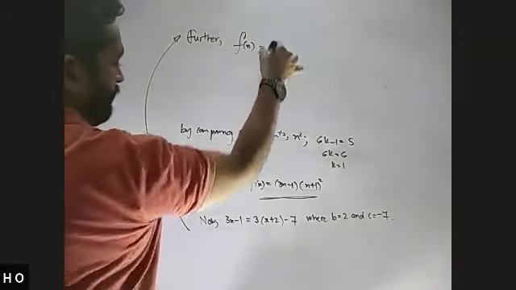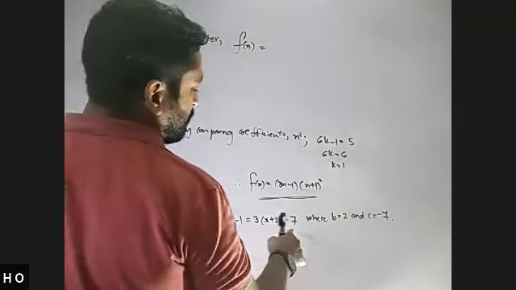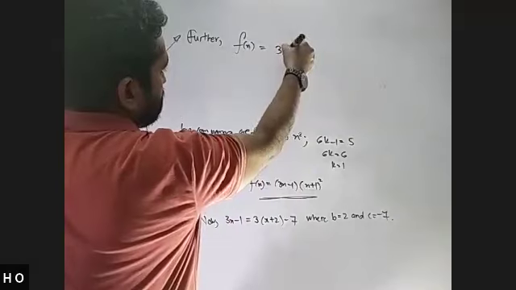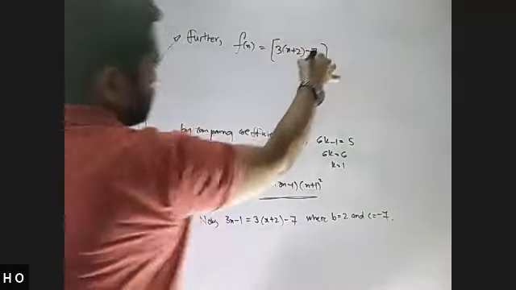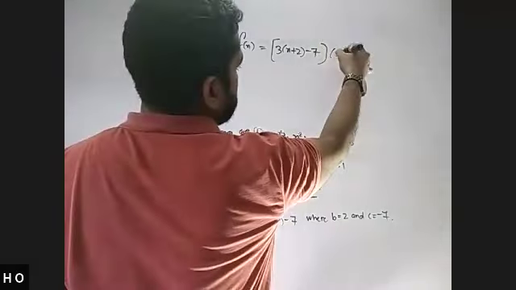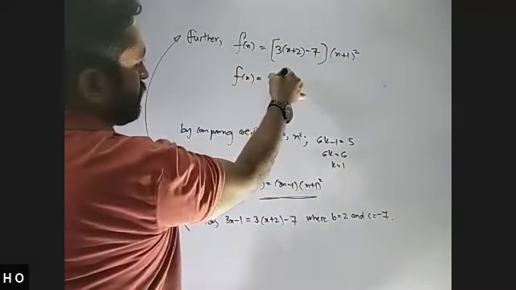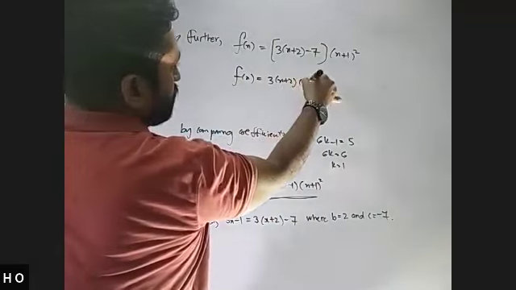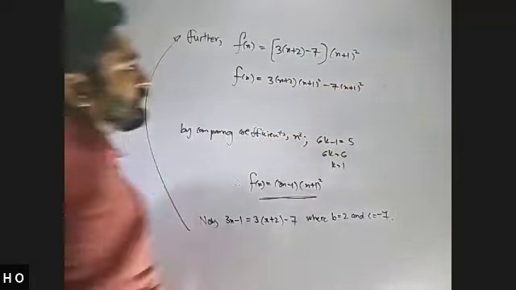So f(x) is (3x minus 1)(x plus 1) squared, which is (3(x plus 2) minus 7)(x plus 1) squared. So f(x) further is 3(x plus 2)(x plus 1) squared minus 7(x plus 1) squared.